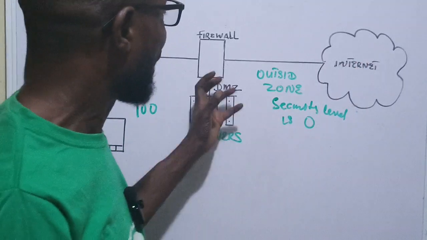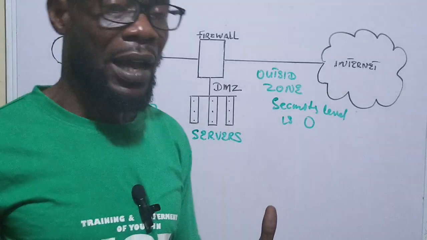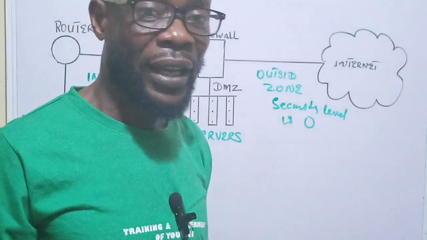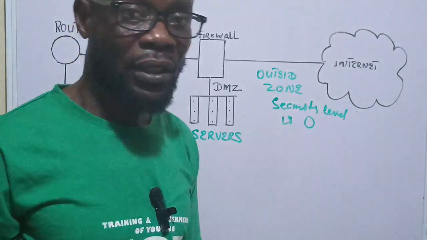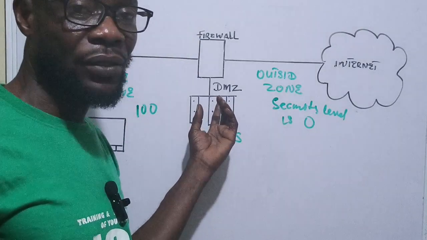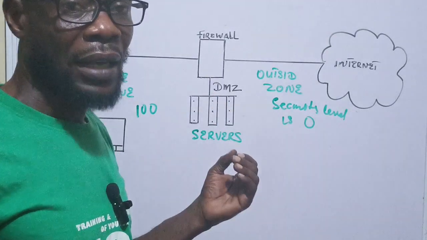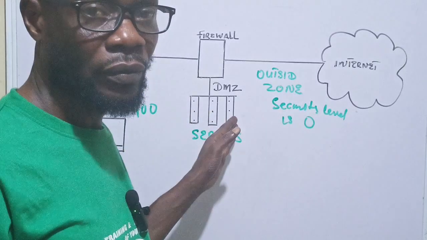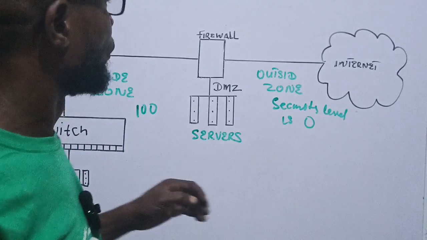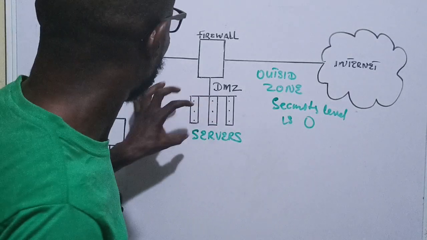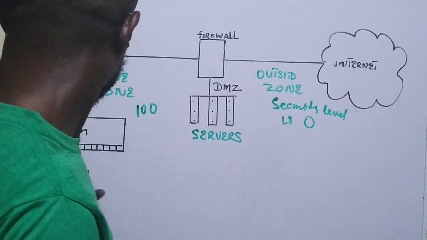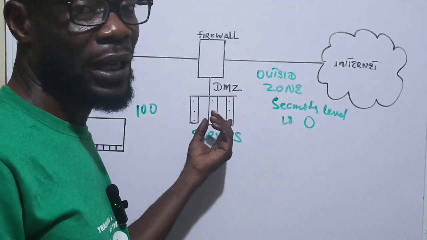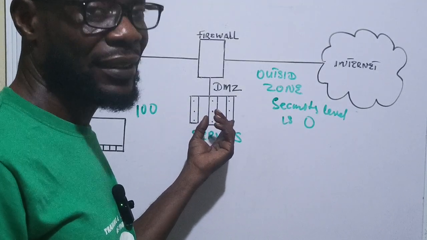Let's say the firewall would, by default, allow HTTP or HTTPS traffic to come to the demilitarized zone here, and it can never go beyond this. But the users from the internal LAN can also access the demilitarized zone.